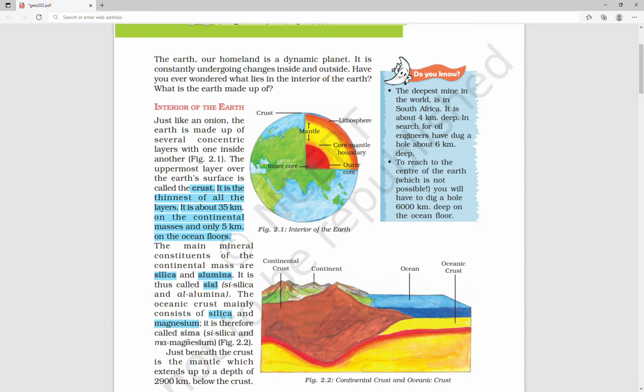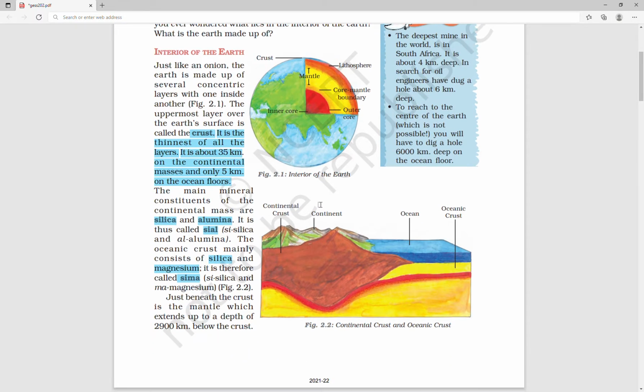You can underline that, and it is thus called SIMA. SIAL and SIMA are not the same; they are different, because SIMA is the oceanic crust and SIAL is the continental mass.